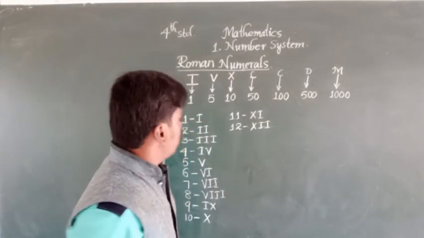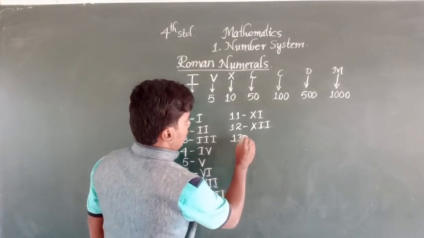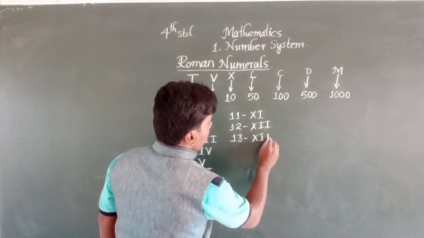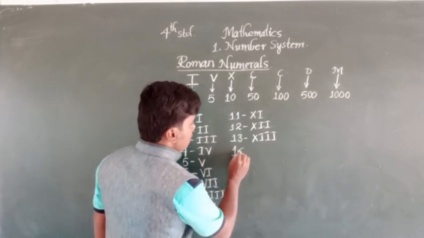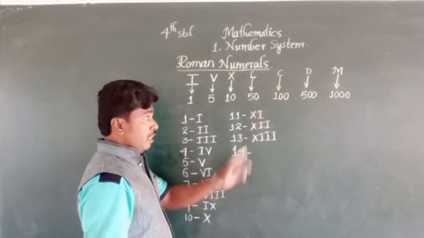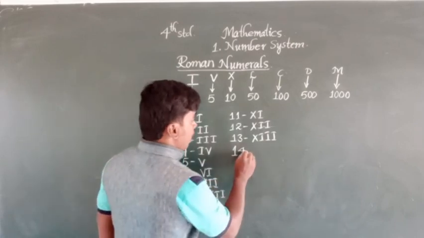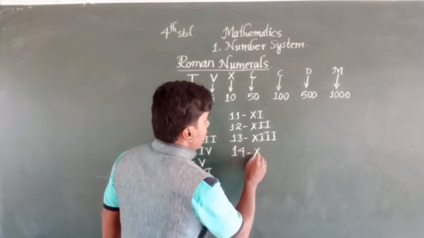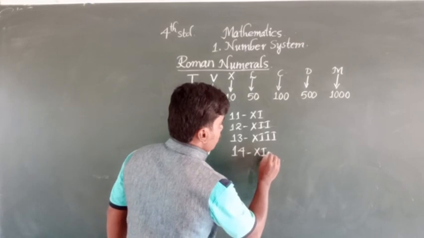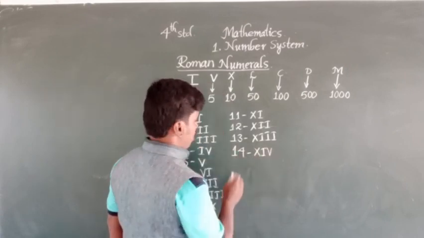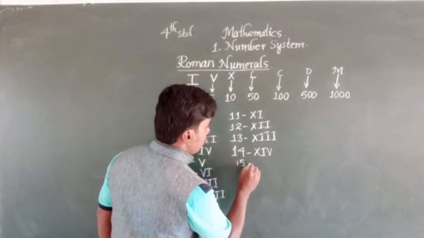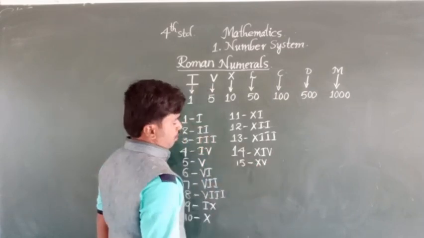Now come to 13, XIII. Then 14. Dear children, why did I explain the rules? I informed you: 10 plus 4 is 14, XIV. 15 is XV.